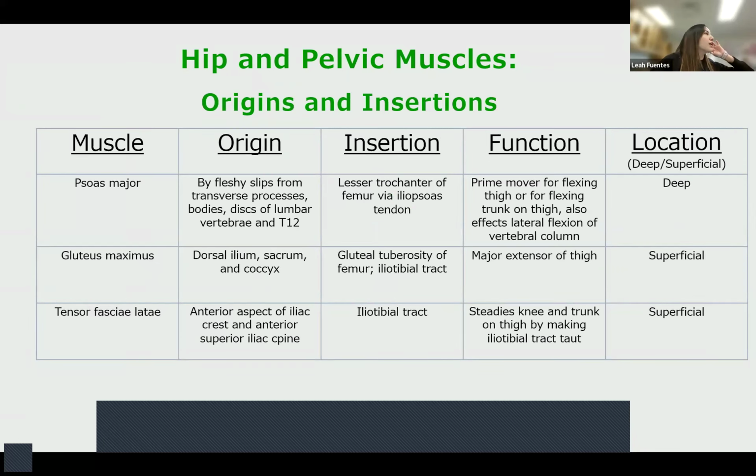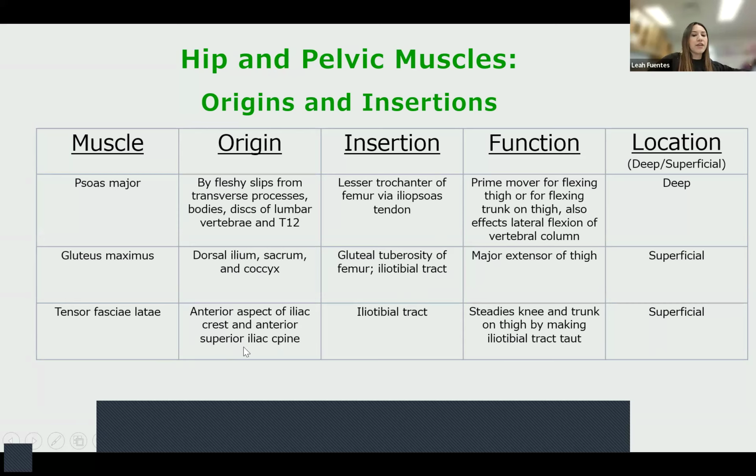Okay, so then we have origins and insertions of our hip and pelvic muscles. Our psoas major: origin lumbar vertebrae, and then the insertion at the iliopsoas tendon or the lesser trochanter of your femur. Again, just femur. Function is flexing. Gluteus maximus: I would just remember sacrum for origin, insertion at your femur.